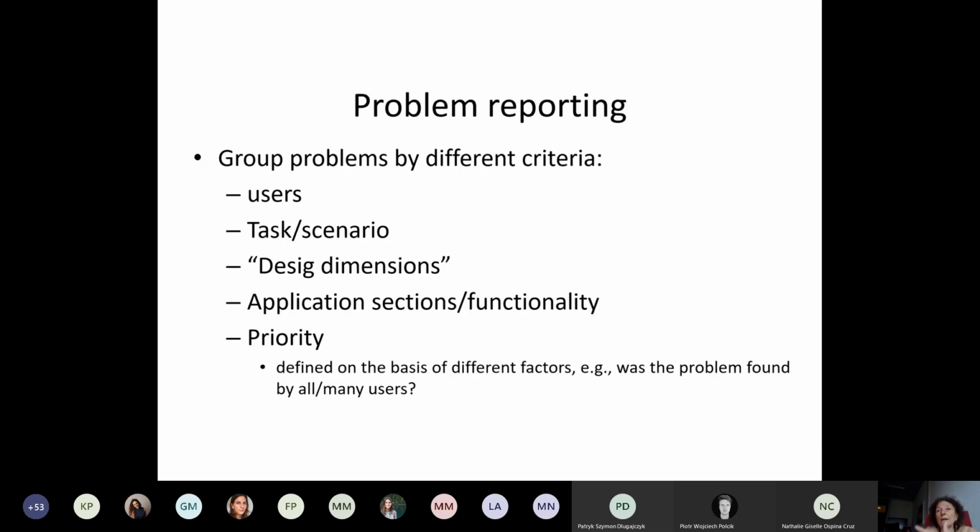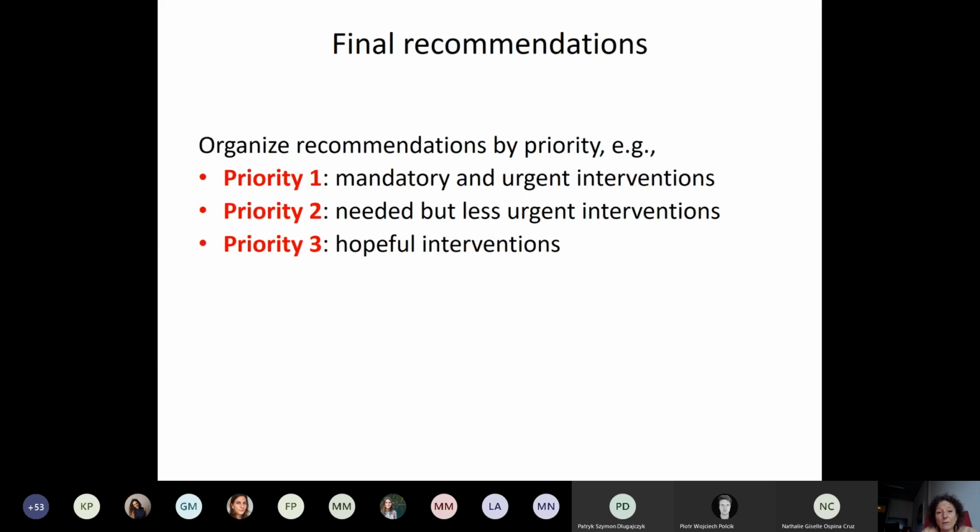When you discuss the data, you can discuss it by user, by task, by design dimension. It's also important to pinpoint which problems are more critical, and therefore recommend something for those main problems.